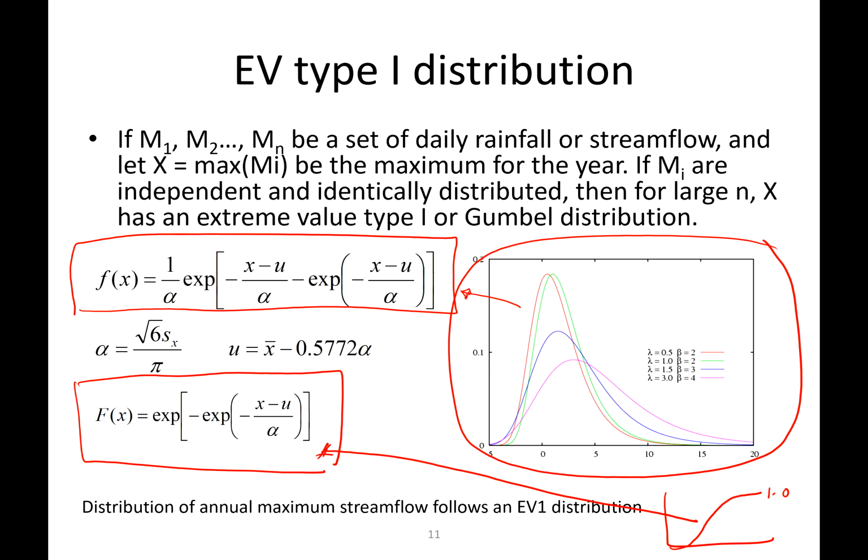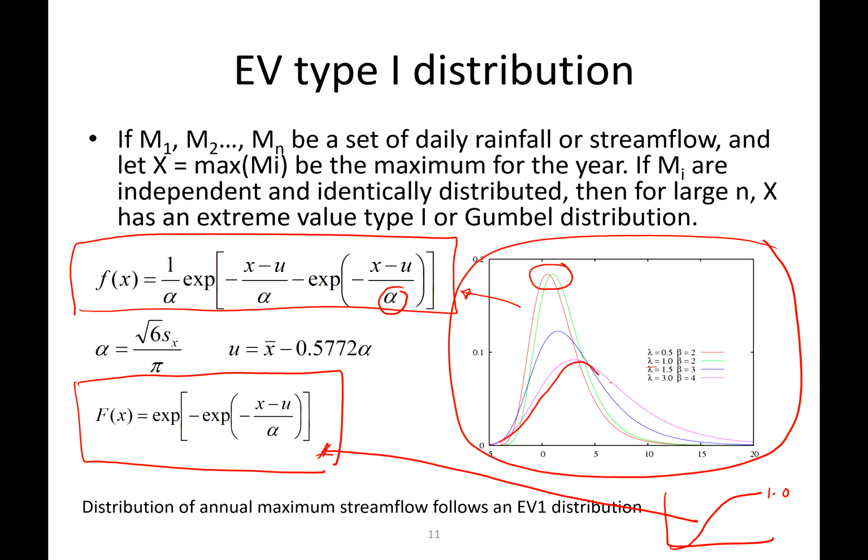And these plots that you see here are plotted by using this expression, by just using different values for the scale and location parameter. You can see these two, the scale parameter is the same, the location parameter is different. In the first one, lambda is equal to 0.5, in the second one lambda is equal to 1. So location parameter basically just shifts the peak of this distribution, and the scale parameter stretches.